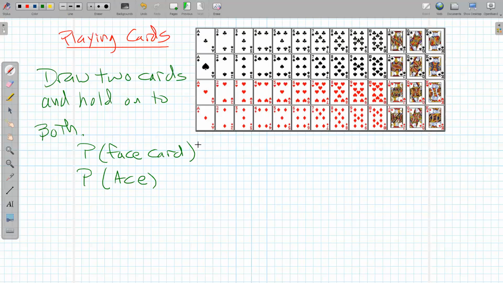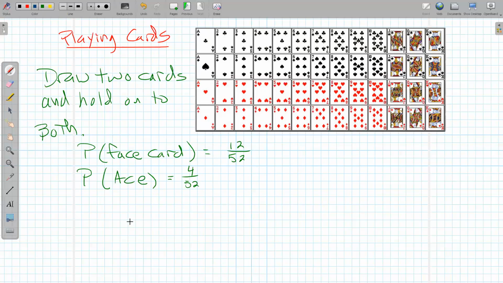Now, if that's just the first draw on each, the probability with no other information, probability of drawing a face card, well, there's 1, 2, 3 by 4, there's 12 face cards, and 13 times 4 is 52 cards in the deck, so it's whatever 12 out of 52 is, and I can just leave it as a fraction. Often with probability fractions, we don't bother reducing them, because either we're going to state it as a percent or a decimal, and not reducing them tells you the total number of things that can happen in the bottom, right? There's 52 possible cards. I'm just going to leave it like that for now. As far as an ace goes, there's 4 aces, so 4 out of 52.